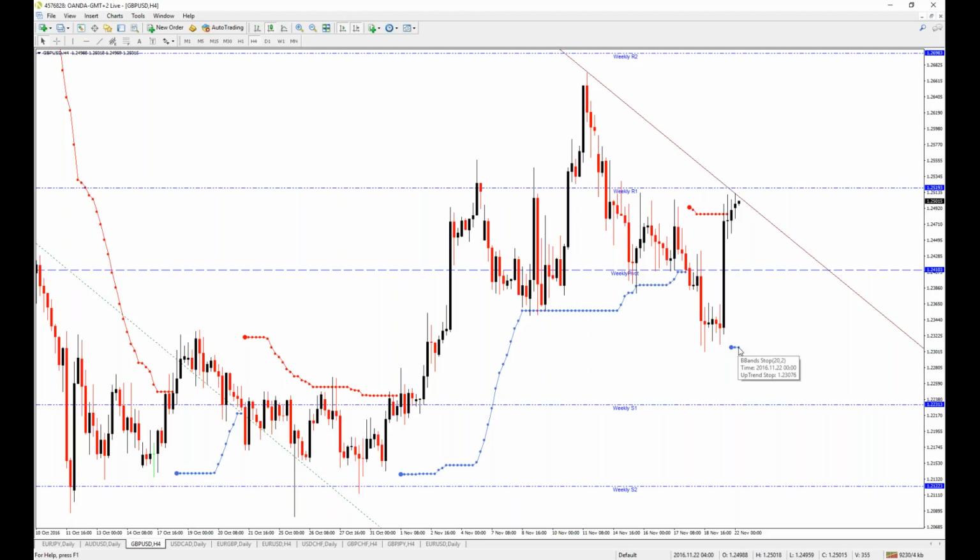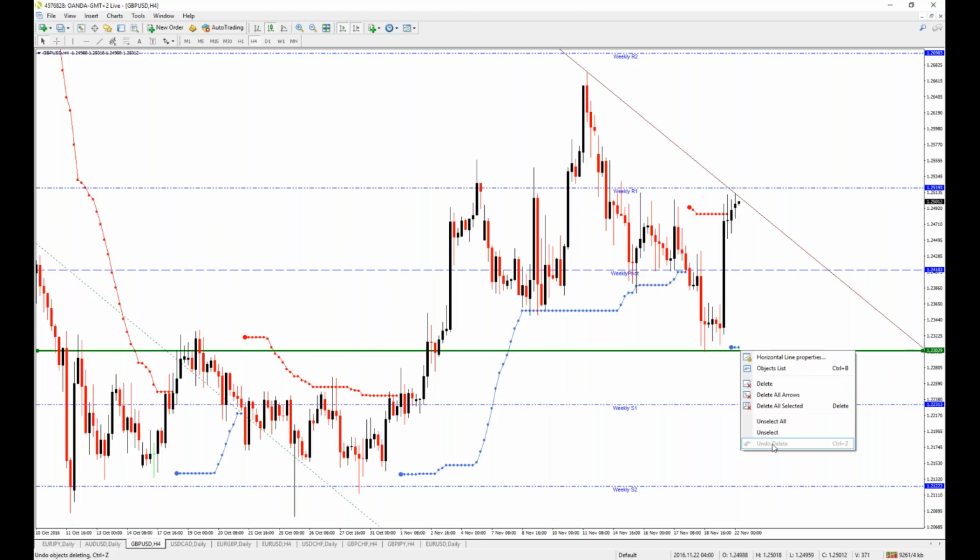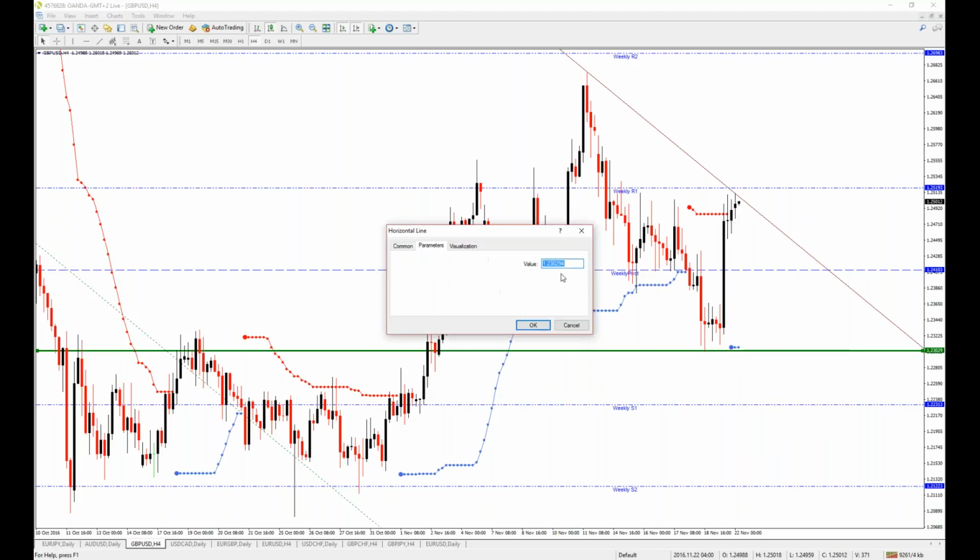Now when I put my mouse on it, it tells me that these blue dots are at 1.2307. I want to sell this right underneath this level right here. Okay? So with that being said, I can put a line right here. We're going to make it a blue line.